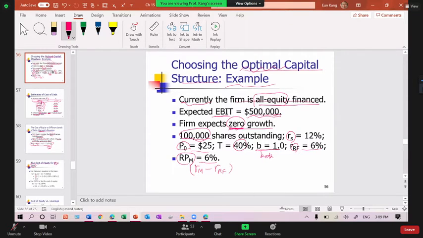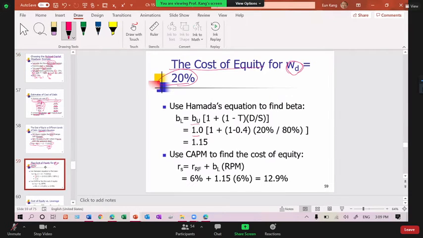This beta is BU. Why? Because first starting from all equity, so that is actually BU, unlevered beta. So BU times 1 plus 1 minus T, tax rate. And D over S is simple, 20% debt, the remaining 80% is equity, so 20/80. Then if you do that, then you will get 1.15, right?